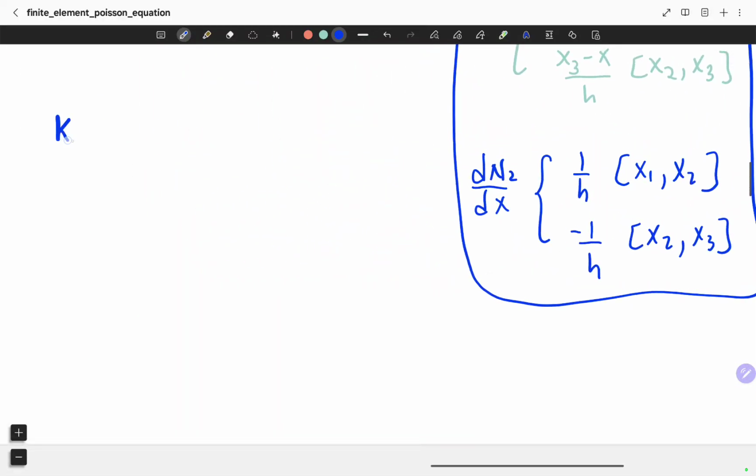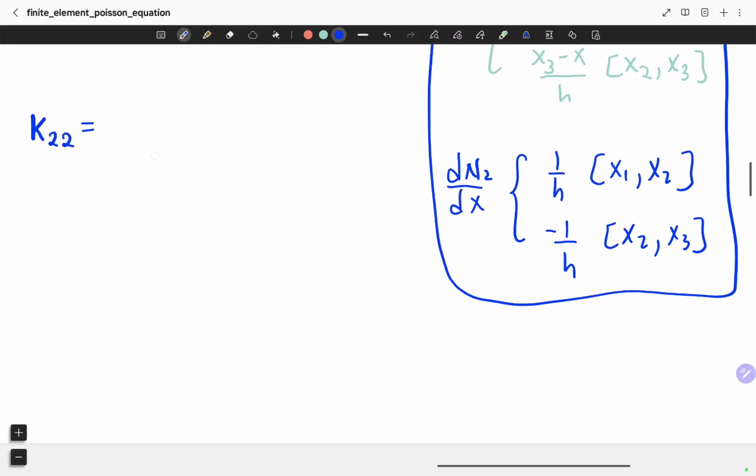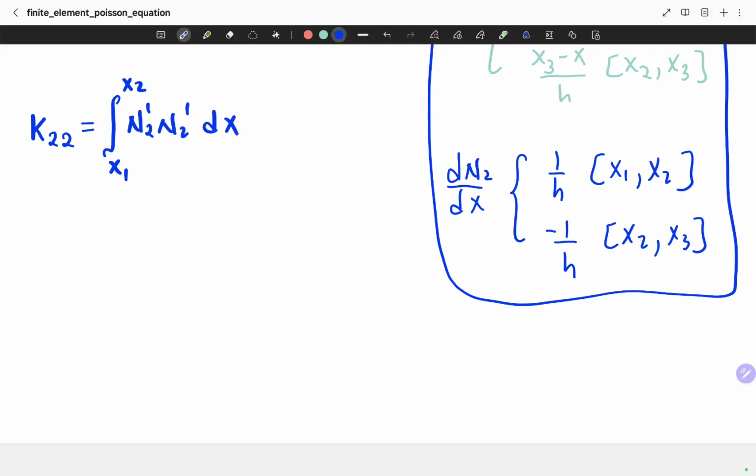So k22 is, here we have a situation because you're going to integrate from x1 to x2 of n2 prime squared dx, plus you're going to integrate again from x2 to x3 n2 prime squared dx.